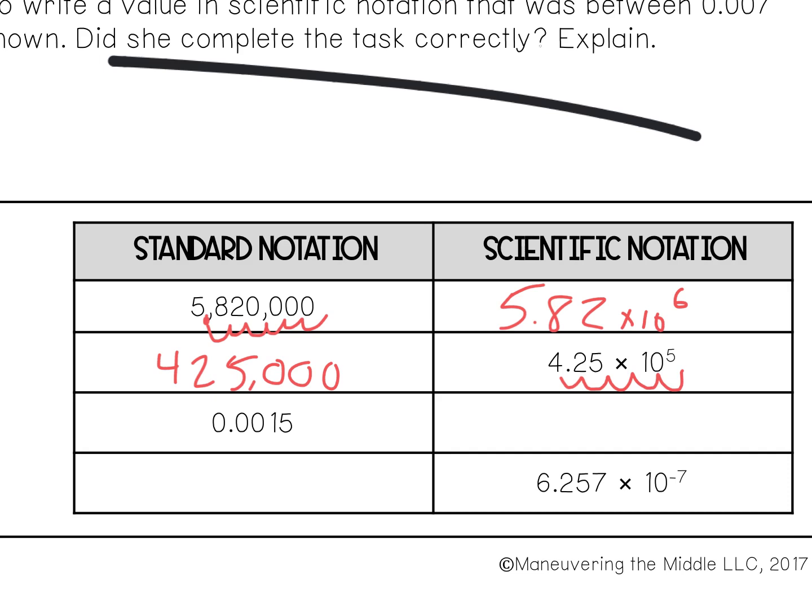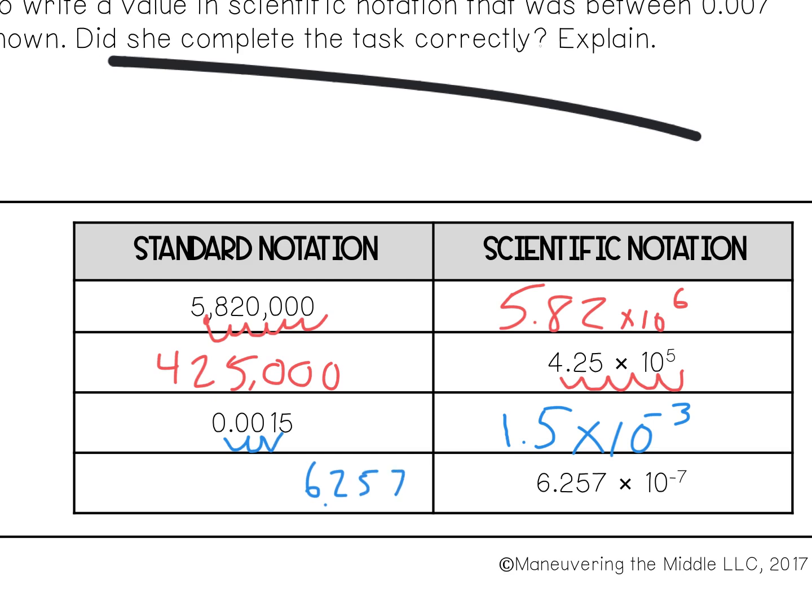What should I write down for my scientific notation for this one? 1.5 times 10, and then to the fourth power. How many did I move? I moved 3 times. Right, we're not past the 5 yet, so I just moved that 1, 2, 3 times. And then 6, 2, 5, 7.